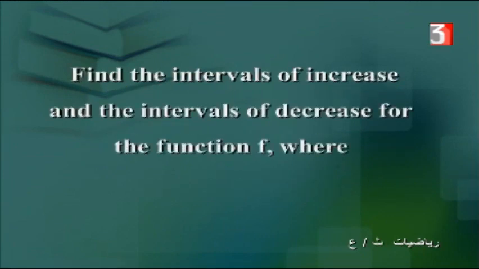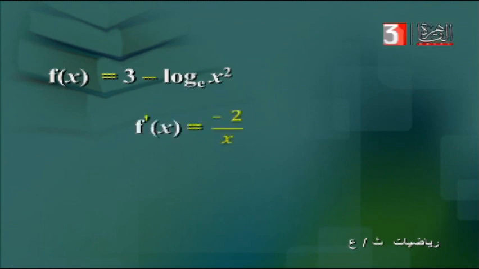Another example. Find the intervals of increase and intervals of decrease for the function f, where f of x equals 3 minus log x power 2 to the base e. Now we have a logarithmic function. The domain of this function is R except 0.